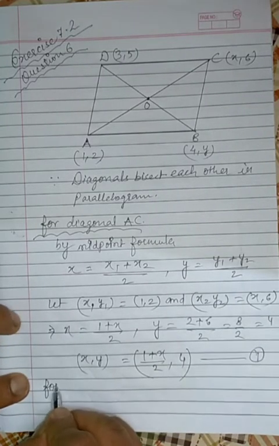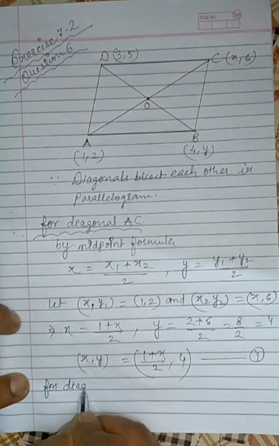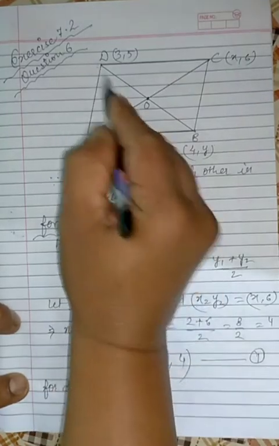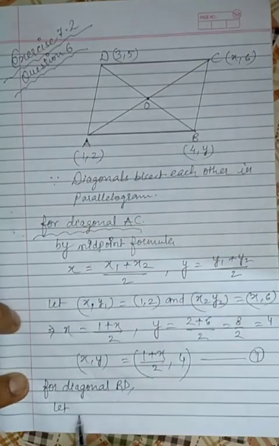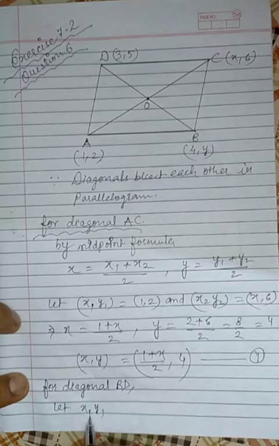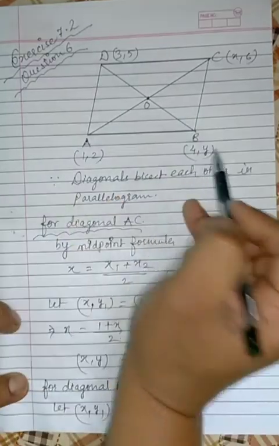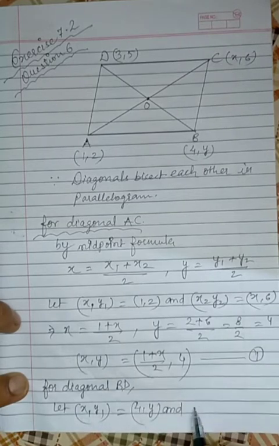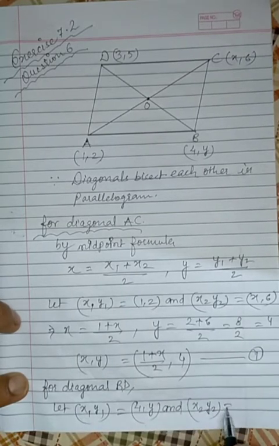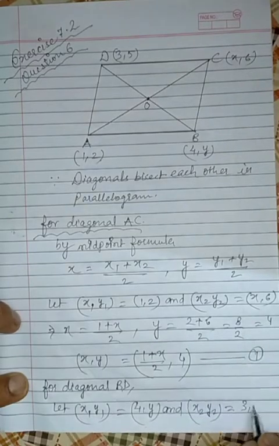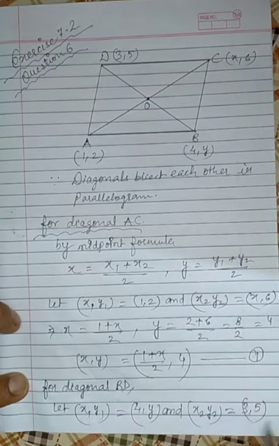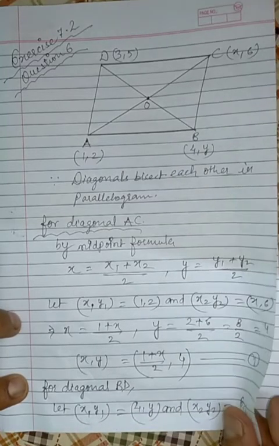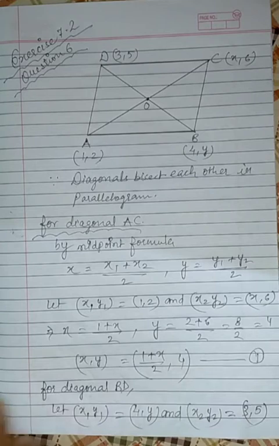Similarly, for diagonal BD, let (x1, y1) be equal to (4, y) and (x2, y2) be equal to (3, 5). We can take it in reverse way also, which will not affect our answer.